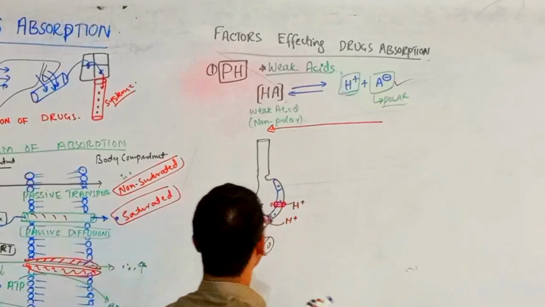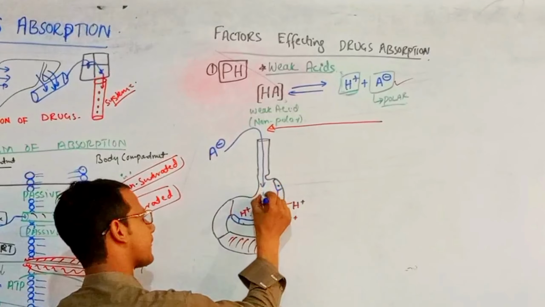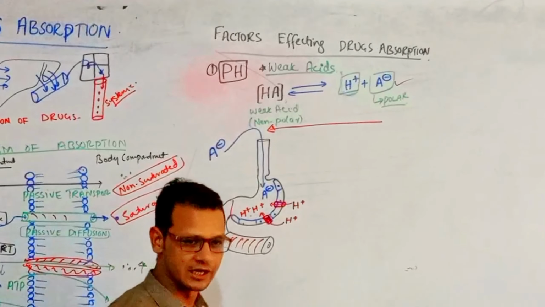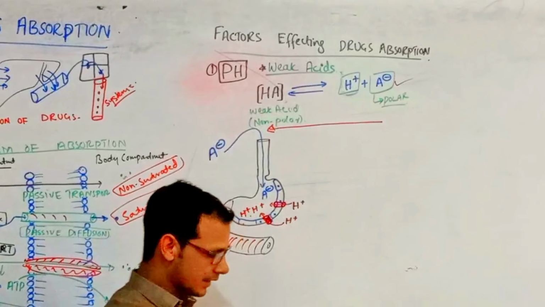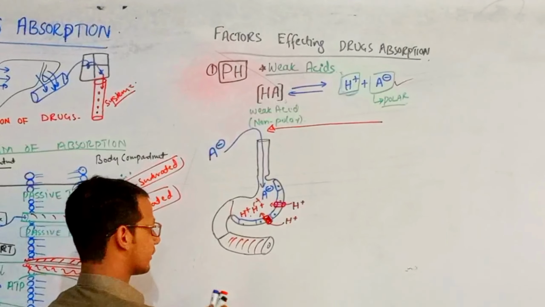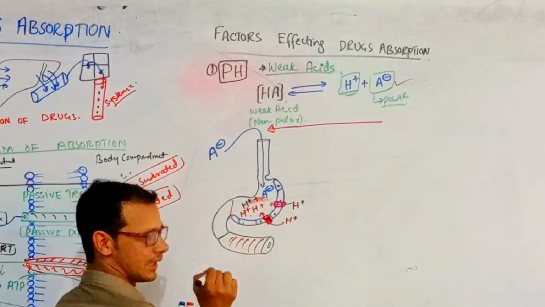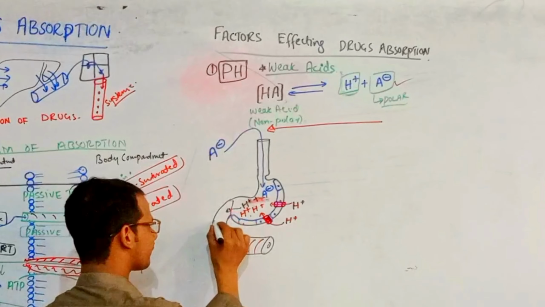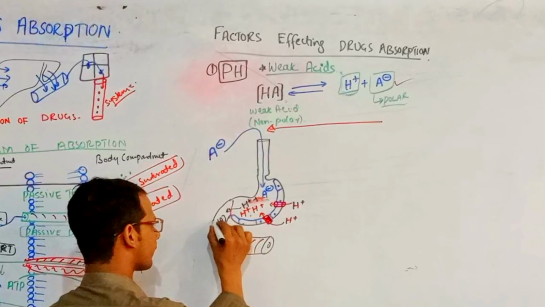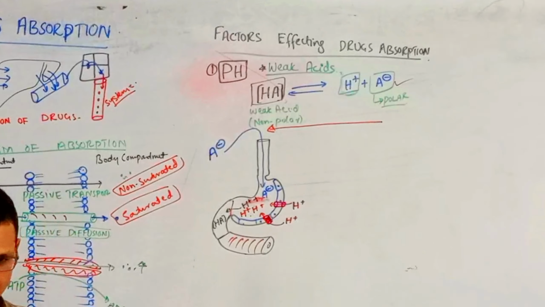If a patient takes this drug in the polar form, in the stomach it will react, for example, this ion reacts with the anion, and it will form this weak acid, right?